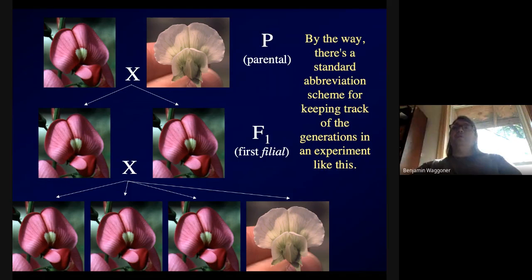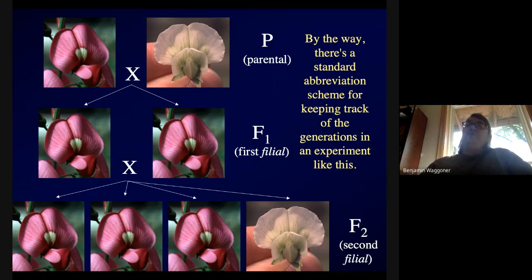Incidentally, you do need to know this. There's a standard abbreviation scheme for keeping track of generations. If you're doing a cross like this, the plants that you use to start are the parental generation, or just the P generation. The first generation of offspring that you get are called the F1 generation, and F stands for filial, which means having to do with sons or daughters. Having to do with offspring is what filial means. So the first filial generation is the F1.